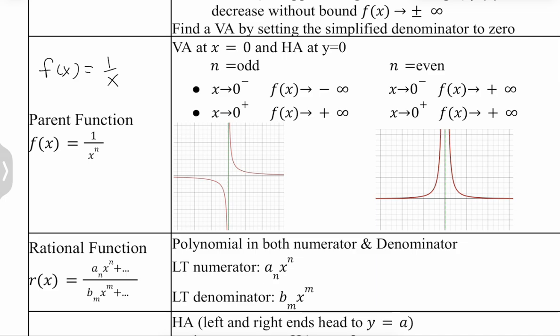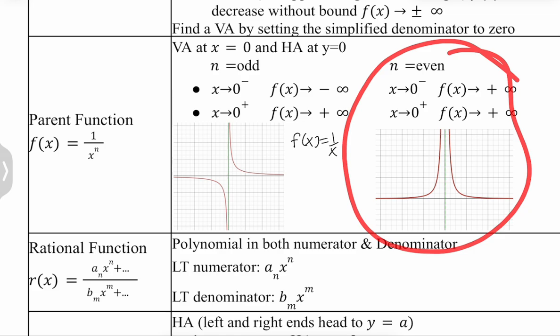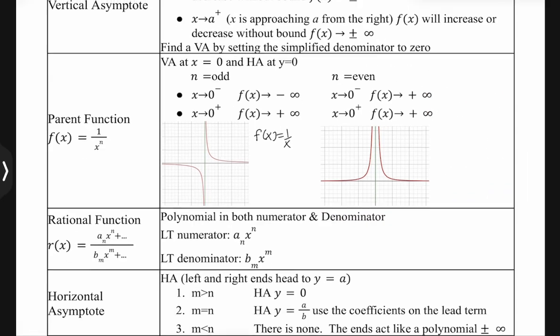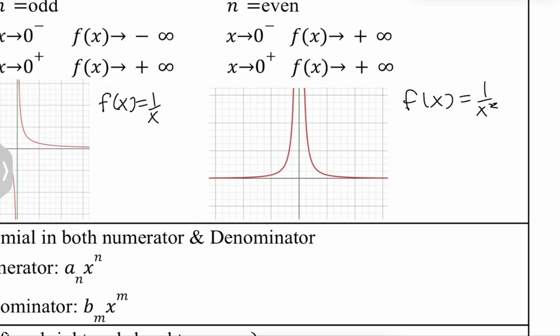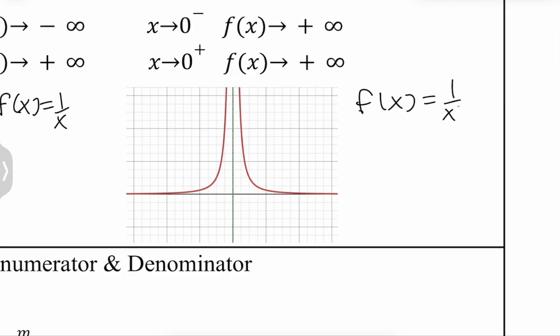And that's because our odd power is our 1 over x. But let's talk about what happens when it's an even power. The actual one I graphed on Desmos had a squared on it. So 1 over x squared, 1 over x to the 4th, 1 over x to the 8th, whatever.